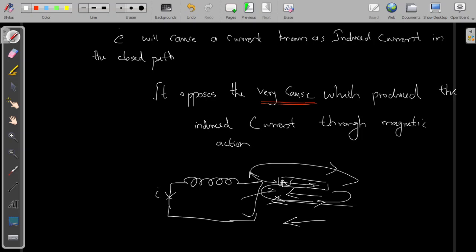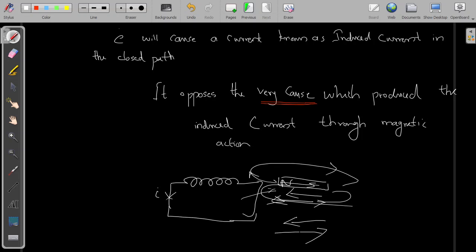What has to be observed is that here we have two poles, north pole and south pole. In order to oppose the motion of this bar magnet from right to left, you should have a force from left to right in this direction, right?